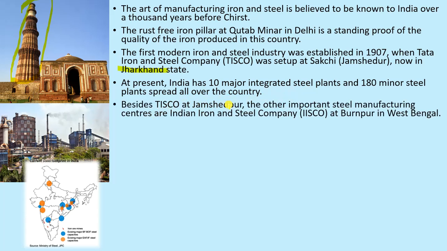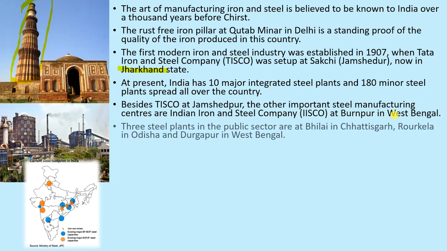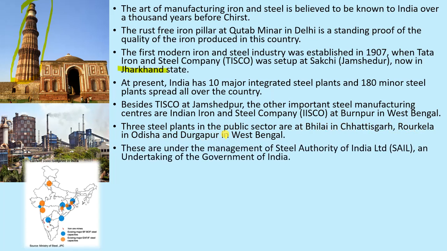Besides TISCO at Jamshedpur, the other important steel manufacturing centers are the Indian Iron and Steel Company (IISCO) at Burnpur in West Bengal. The three steel plants in the public sector are at Bhilai in Chhattisgarh, Rourkela in Odisha and Durgapur in West Bengal. These are under the management of Steel Authority of India Limited (SAIL), an undertaking of the Government of India.